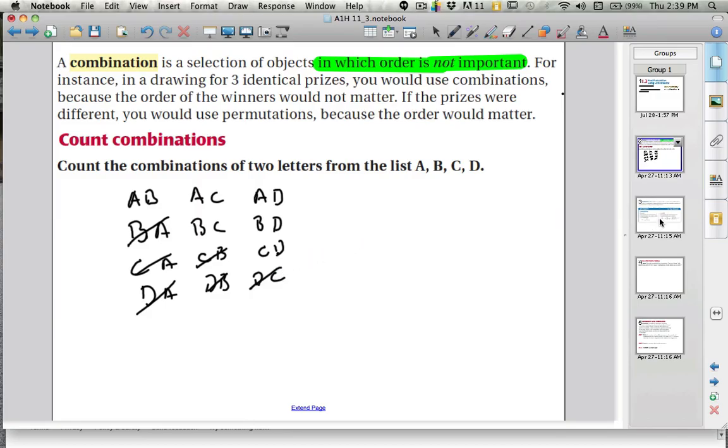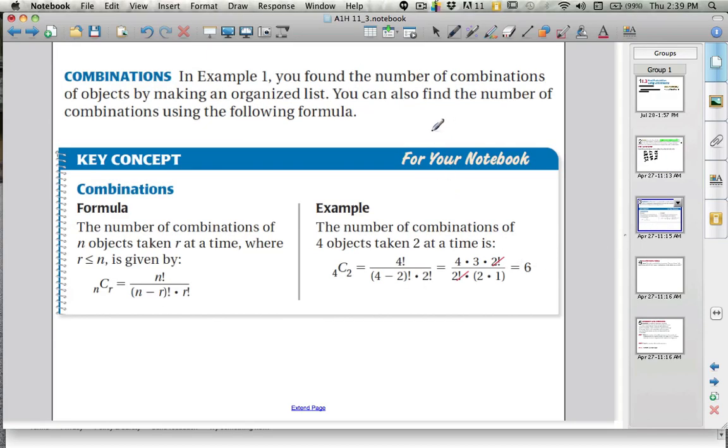And so we have a different formula. It's very similar to the formula for permutations. You notice this n factorial over n minus r factorial is the same, but then we have this extra r factorial in the denominator, which makes it smaller. There are always fewer combinations than permutations.